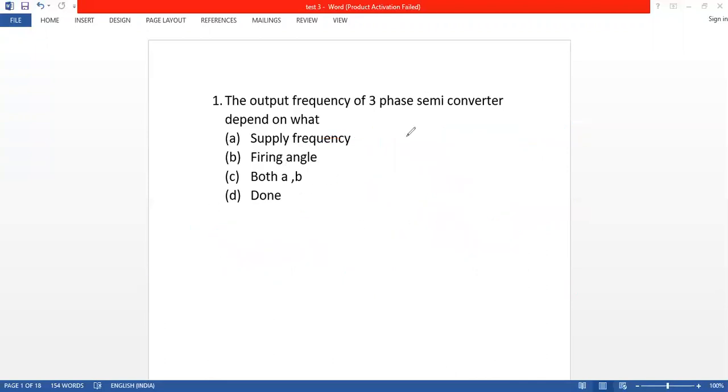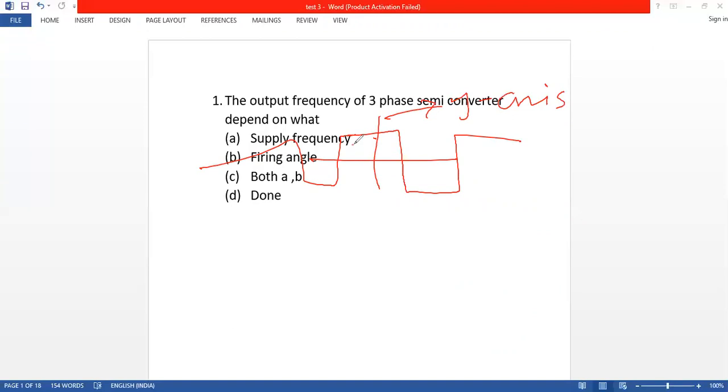Point number 3, you have to observe here that if it is even, like this, even function, now with respect to the y-axis. First point, positive cycle and negative cycle are equal. So DC is 0. You observe, this is related to this question only, so please be patient. DC is 0.